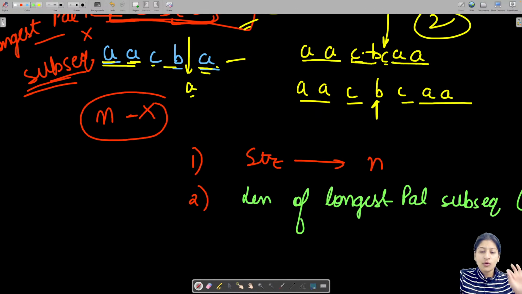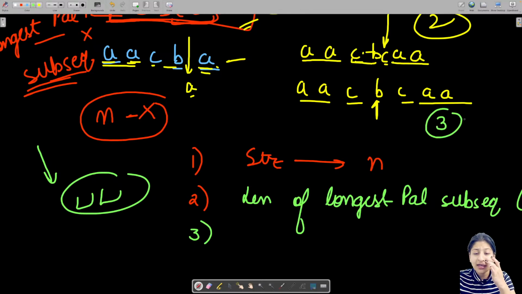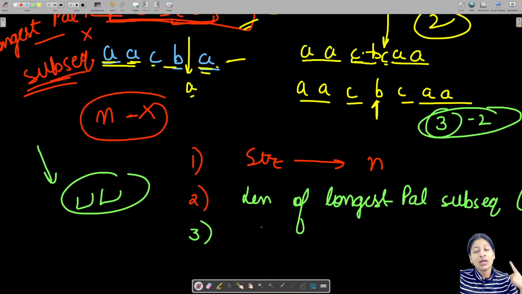Once you know the length of the longest palindromic subsequence in the string, the remaining characters will be the required answer for this question. That is the minimum number of insertions, equal to the characters that are left after finding the length of the longest palindromic subsequence. And what will be the count of those characters? If your string's length is 3, for example, and you find the longest palindromic subsequence to be 2, then only one insertion will be needed to make that a palindrome.